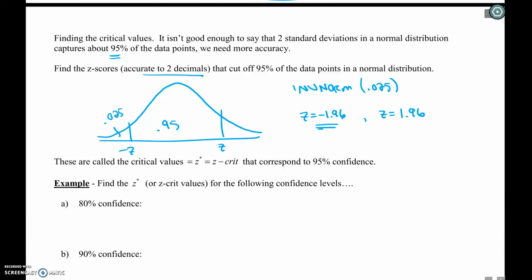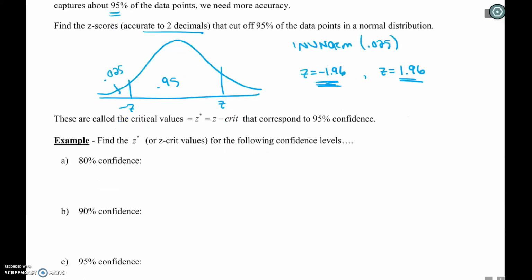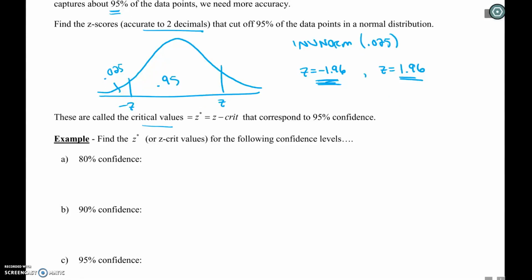As you can see, it's close to 2. But if we want to get exactly, or more precisely, 95%, we're going to use these cutoffs. These are called critical values, or z-crits, that correspond to 95% confidence. So whenever we do our formula, we're going to take our statistic plus or minus our margin of error.